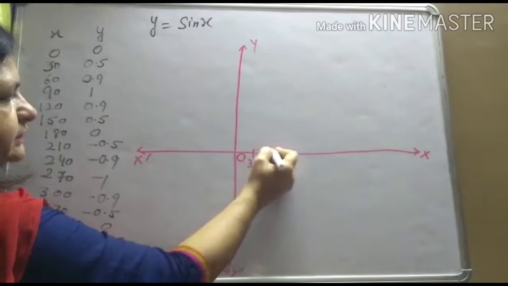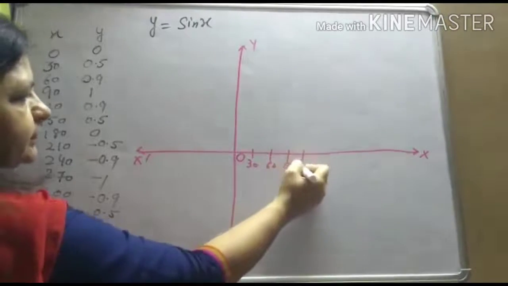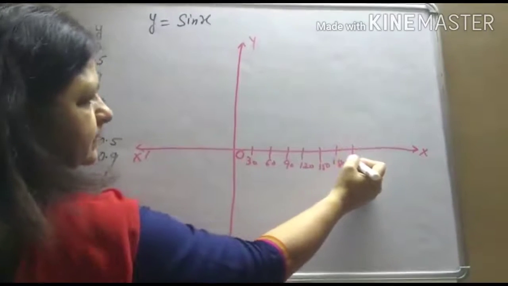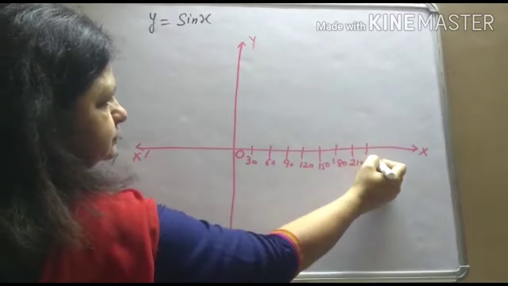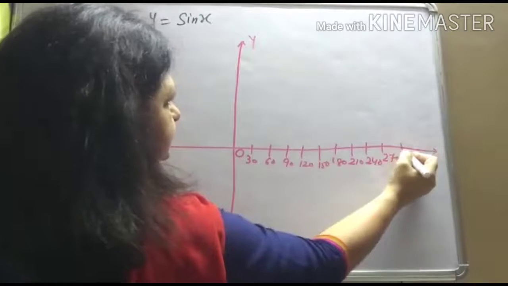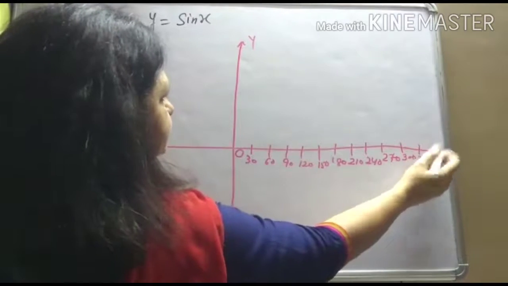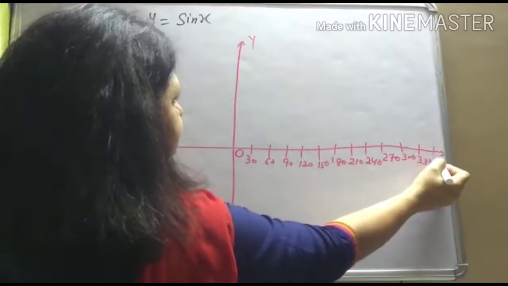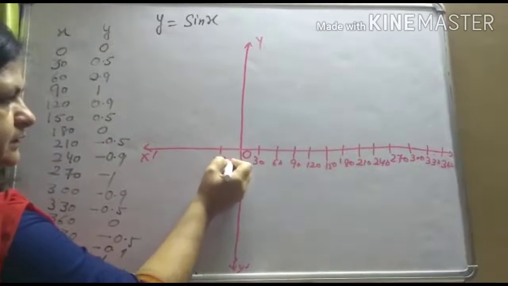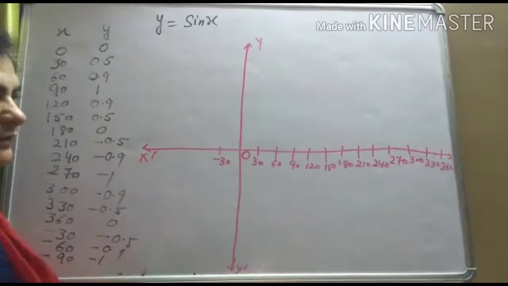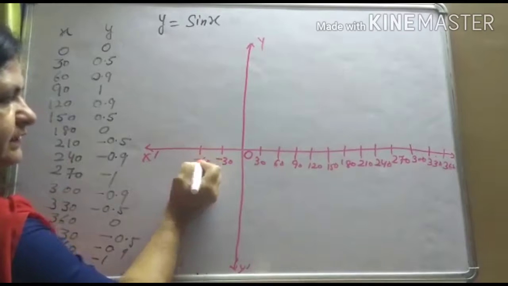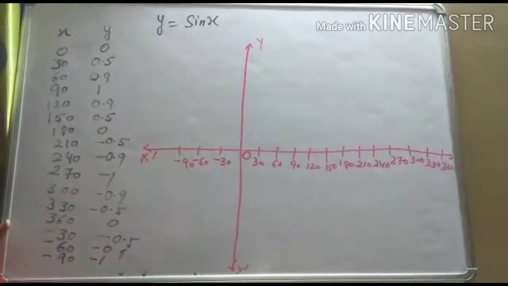Now 30, 60, 90, 120, 150, 180, 240, 270, 300, 330, and 360. Draw these graphs on graph paper so that these intervals can be equal. Minus 60, minus 90, and so on.